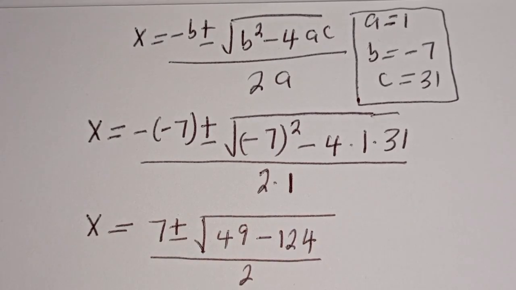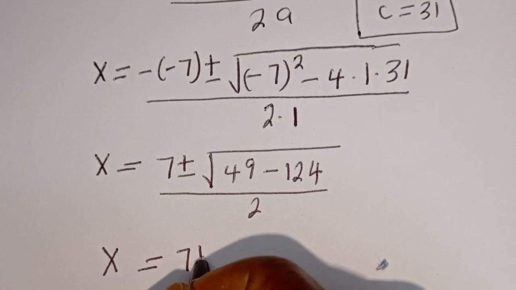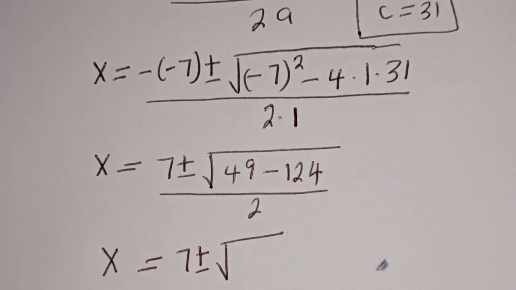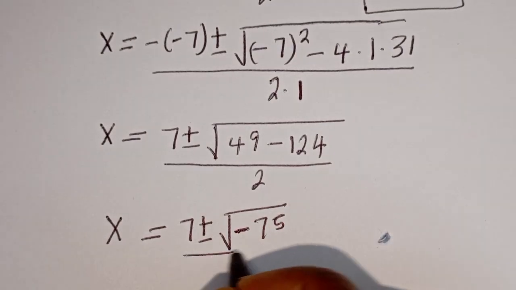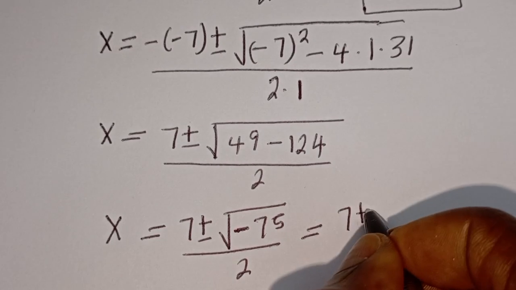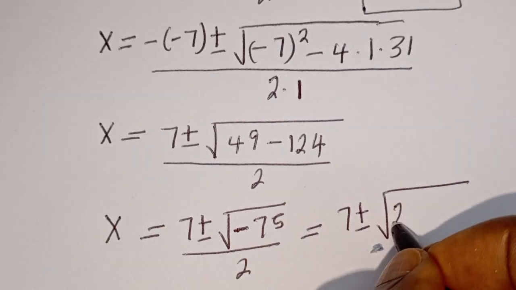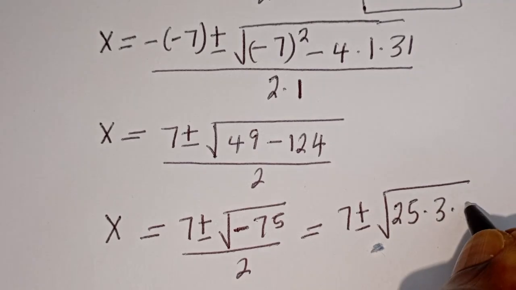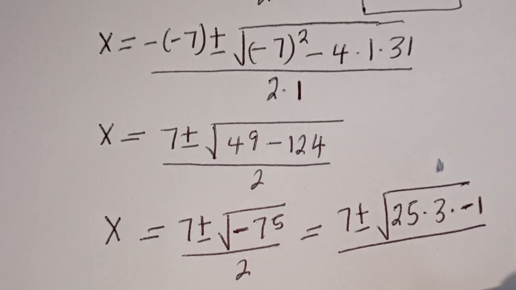So x is equal to 7 plus or minus the square root of minus 75, divided by 2, and minus 75 can be written as 25 multiplied by 3 multiplied by minus 1.